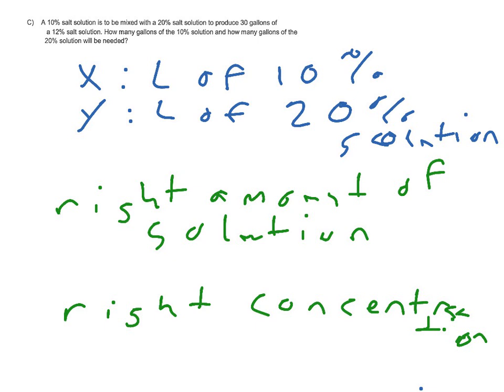Okay, so two different equations. Now, one of them is an easier equation. So one would be x plus y equals 30, and the other would be x plus y equals 0.12. Okay, good. So let's do, which one is the amount of solution equation? The 30 gallon.